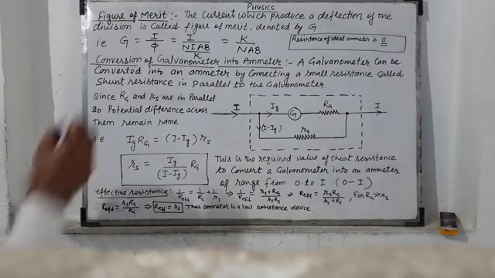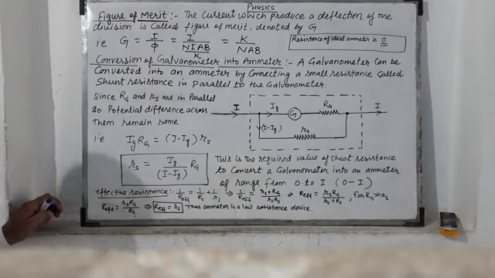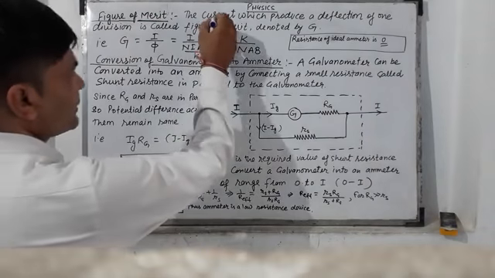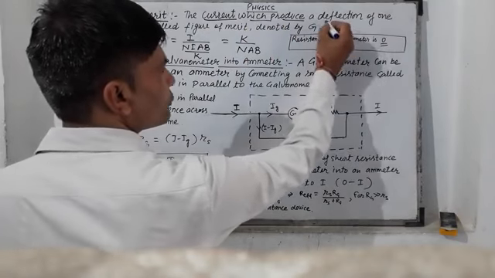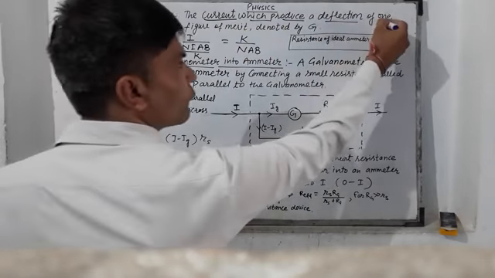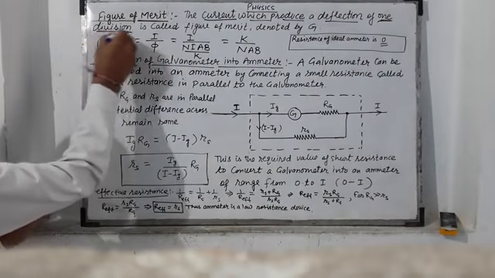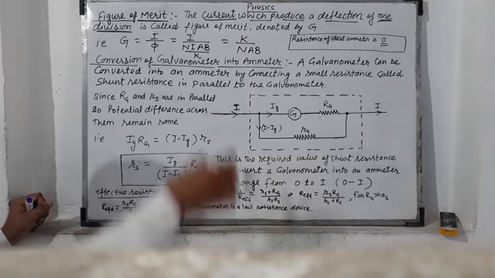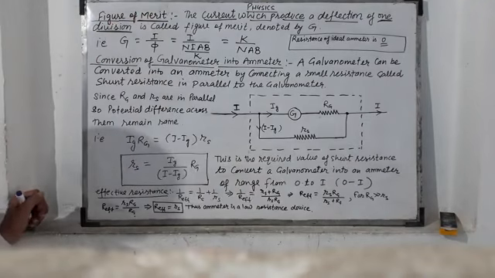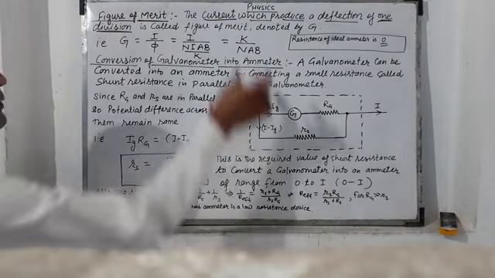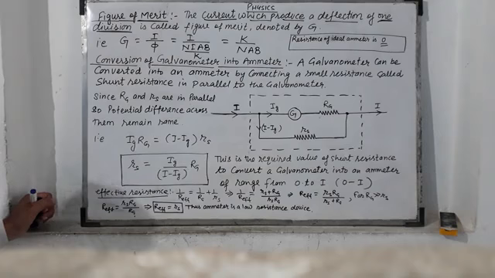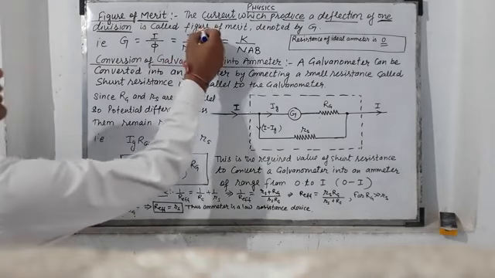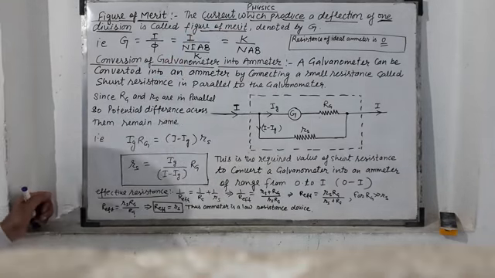Figure of merit of galvanometer. This is the current which produces a deflection of one division. Once again, the current which produces a deflection of one division is called the figure of merit.